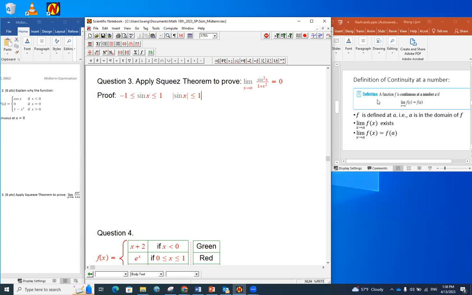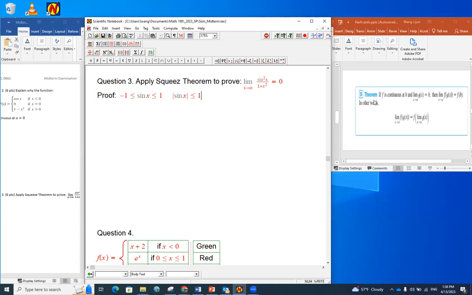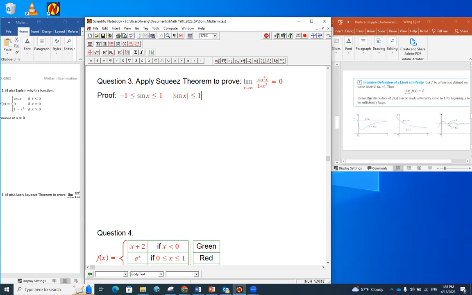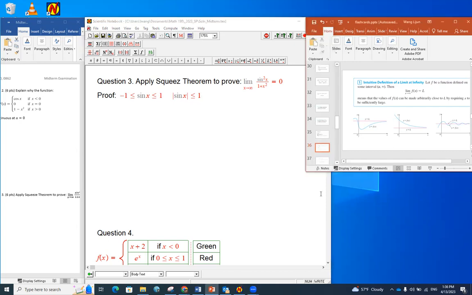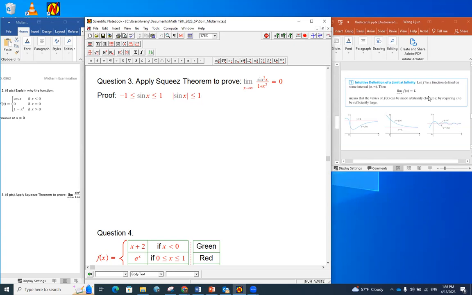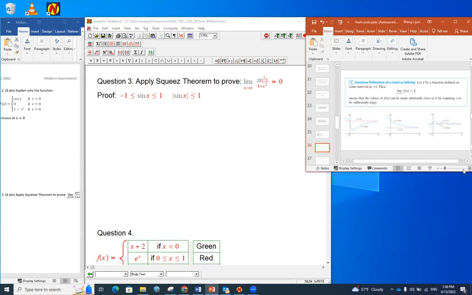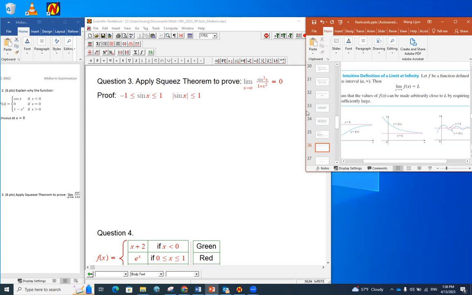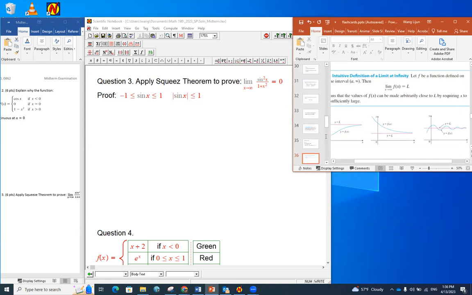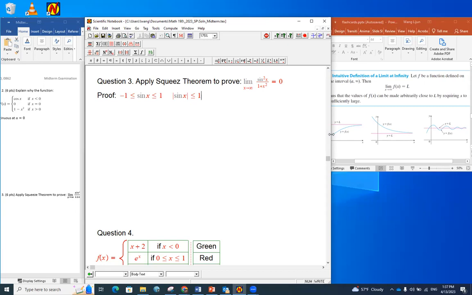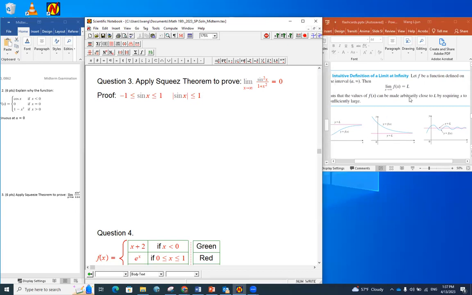When x is approaching infinity, I really want to bring up the definition. What does it say? You look at the definition of the limit at infinity. When x is approaching infinity, we say the function is defined on an interval from a to infinity.